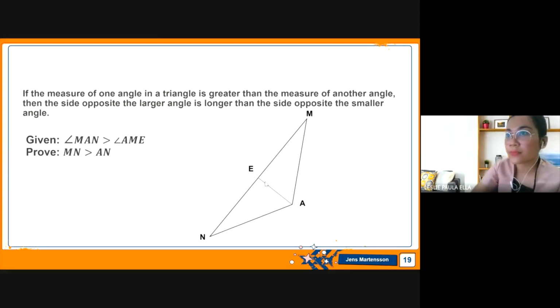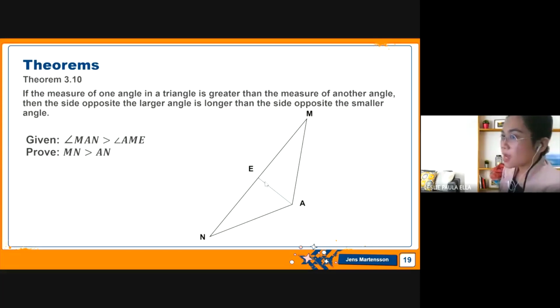So that's correct. Next, theorem 3.10 is somewhat the same as 3.9. What we have to prove here is that line MN is greater than line AN, given that MAN is greater than AME.